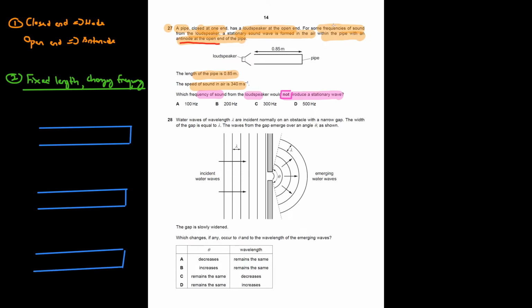Okay. So your first stationary wave formation would probably look like this. The second formation of your stationary wave will probably look like this. And then the third formation would probably look like this.